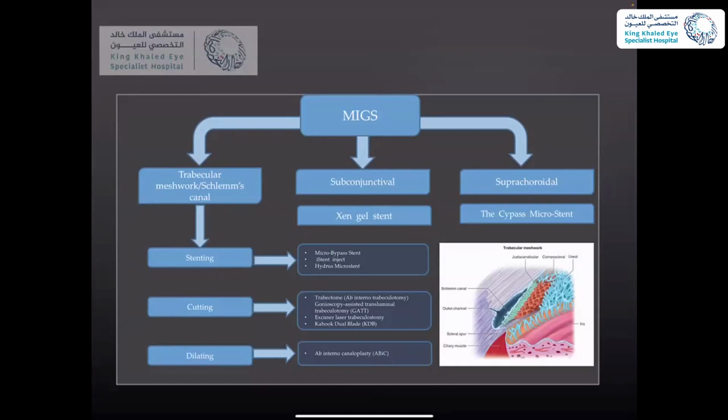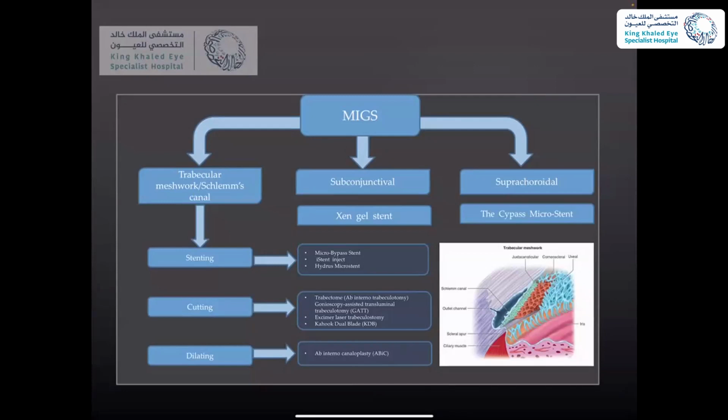For approaching the trabecular meshwork, you have to either stent, cut, or dilate. For dilating, it is the same as what we did with canaloplasty, but ab interno, from the anterior.